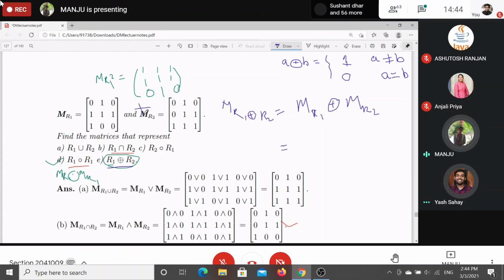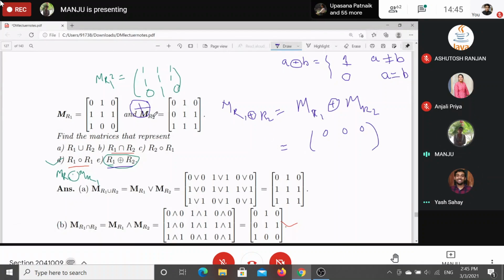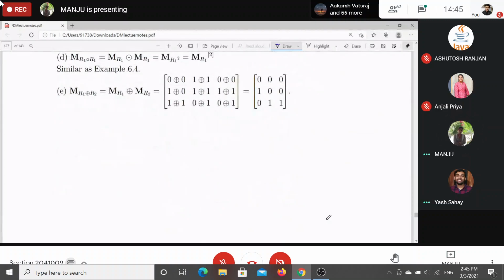This one with this one, 0, 0, 0. Right? A and B are same for the first row. For the second row, 1, 0 will give you 1, 1, 1 will give you 0, 1, 1, 0. Then 1, 1, 0, 1, 1. Clear? Yes, ma'am. Any doubt? No, ma'am.